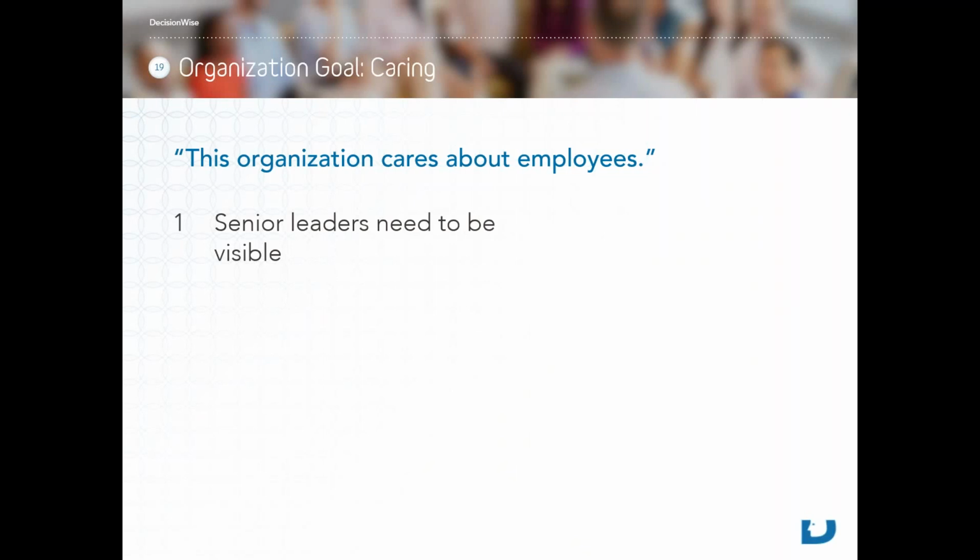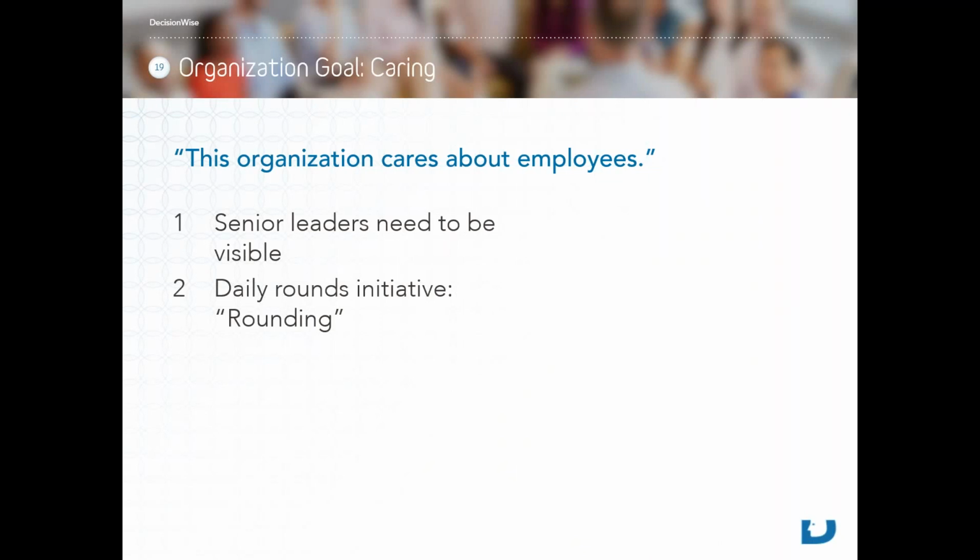So what they decided, after gathering some more information and feedback from employees, is that employees felt like the senior leaders just weren't visible, and this was contributing to the low caring score. So the goal was that they'd make themselves more visible. How were they going to do that?